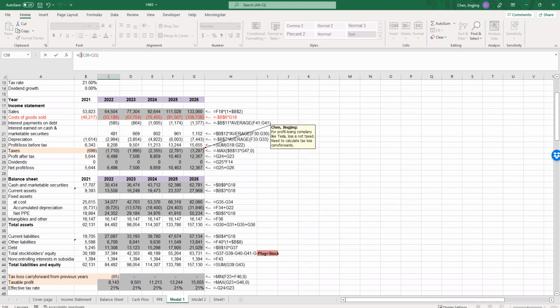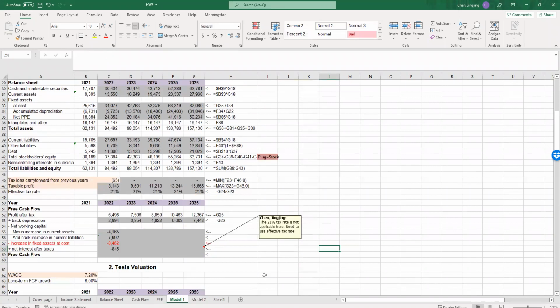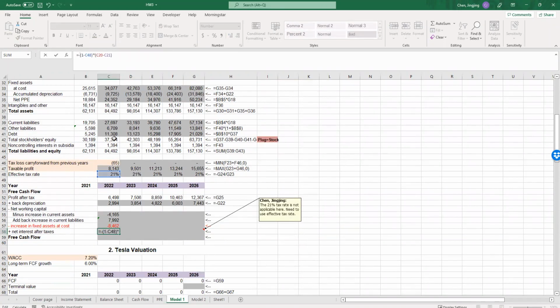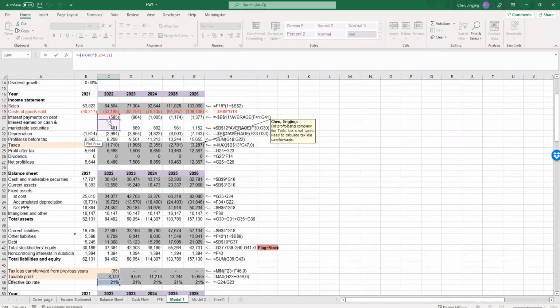And then do the tax adjustment. We should add the minus sign here because the original tax, the original interest, net interest should be a minus, should be a negative number.